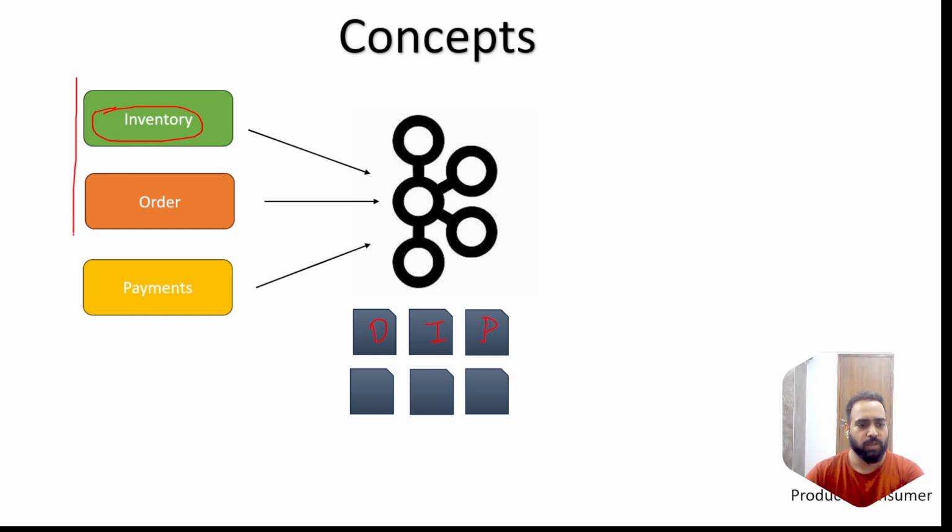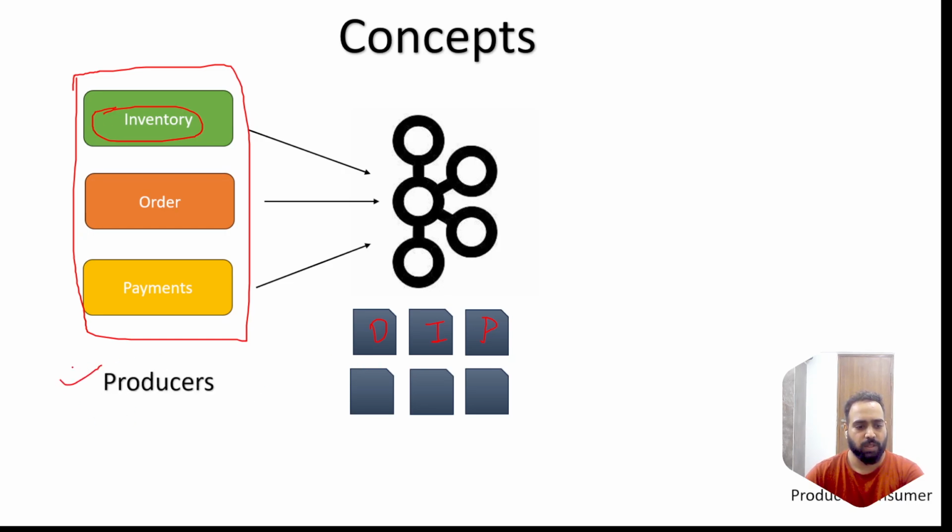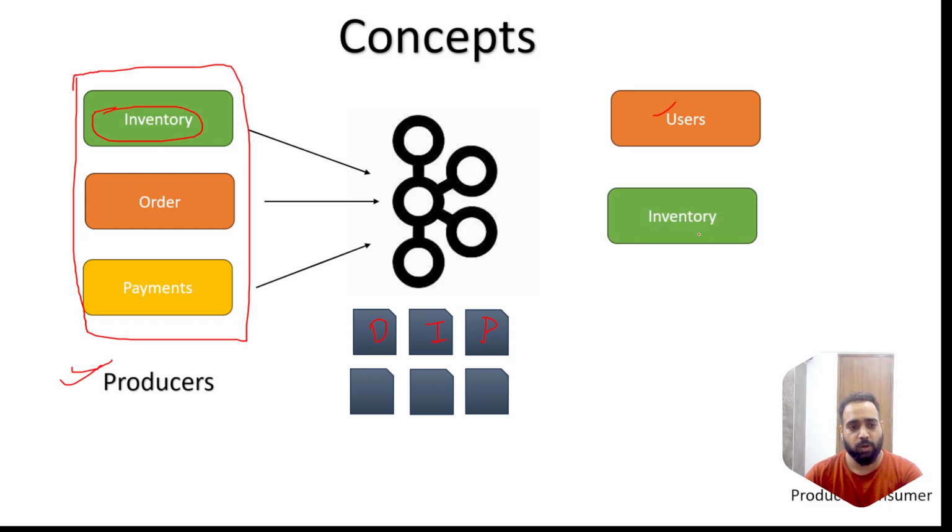So these microservices, which are generating these events into Kafka, are called the producer microservices, or the producers, which produce events to Kafka. And these microservices, like the user microservice, the inventory microservice, and the notification microservice, will consume the events.